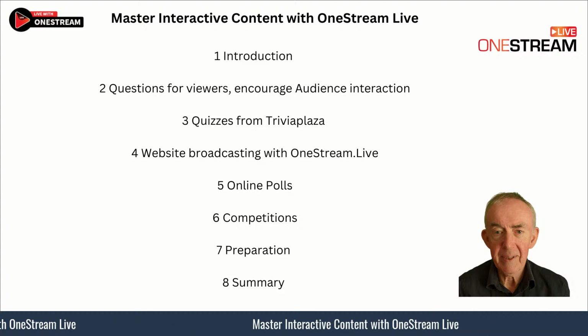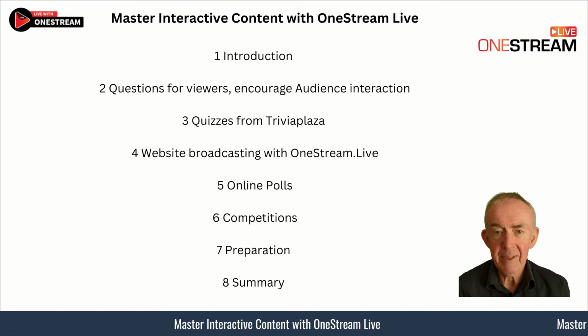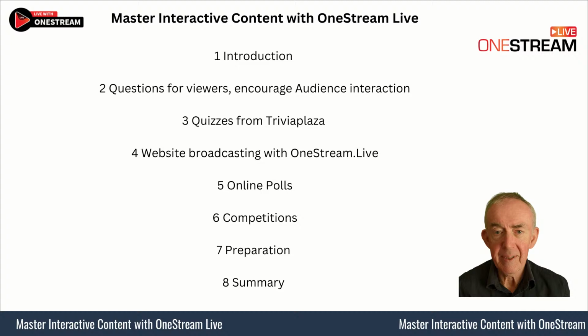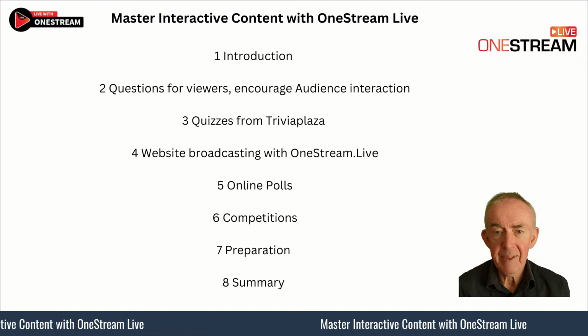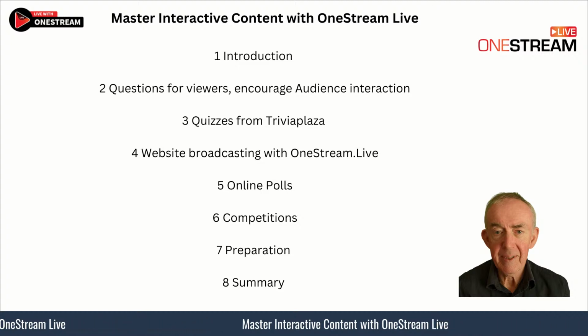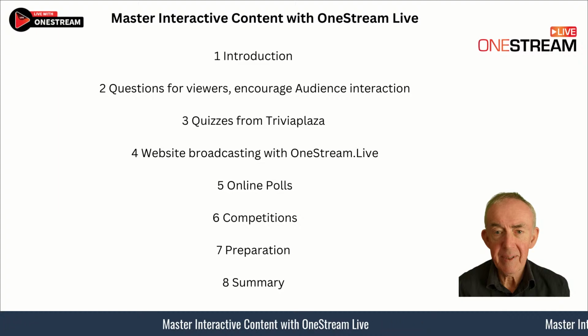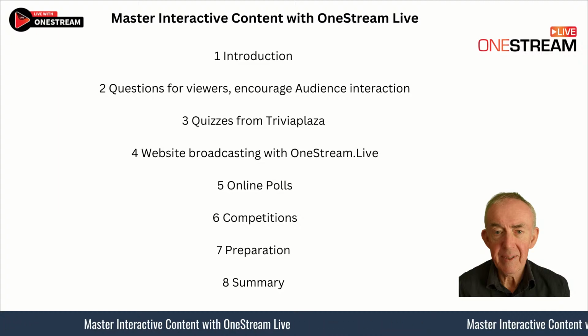This is important. With OneStream Live, you can broadcast to your website. I can broadcast to my website, and I can broadcast to anybody who lends me a website. My broadcast can go out to the world. Now, if you have people watching you on a website, they can comment.